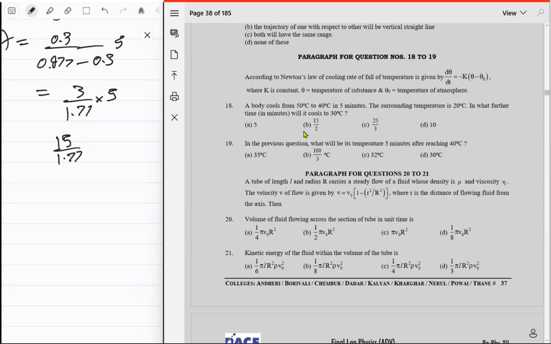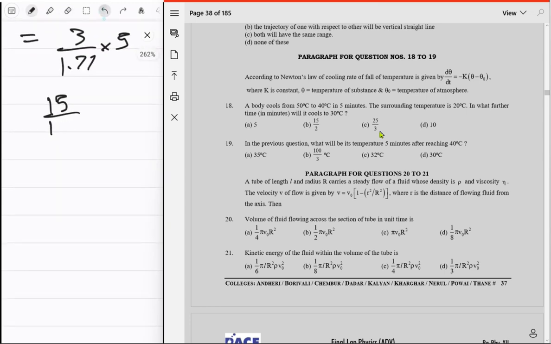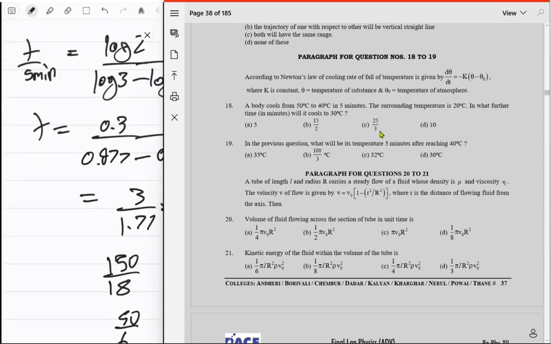Okay, this is approximately 5, 15 upon 2, 25 upon 3, 1.77, right? Approximately, you know what, just put it as 1.8, it's like 15 upon 18, which is 5 upon 6, so approximately 5 upon 6, 15 upon 2 should be less than that at least. Oh okay, 1.8, that's like 150 upon that, 50 upon 6, which is, ooh, that's kind of a weird thing actually.